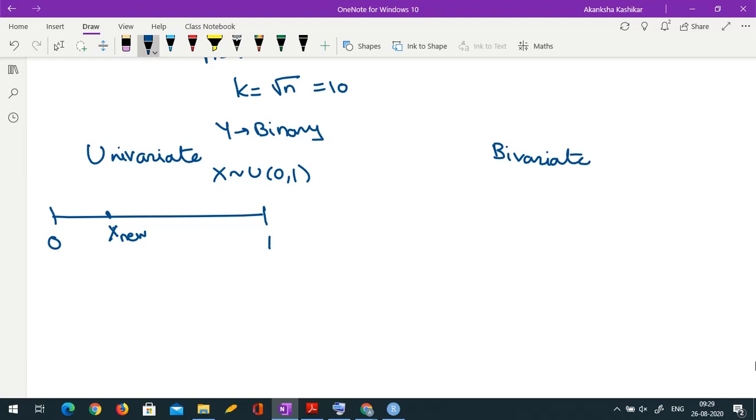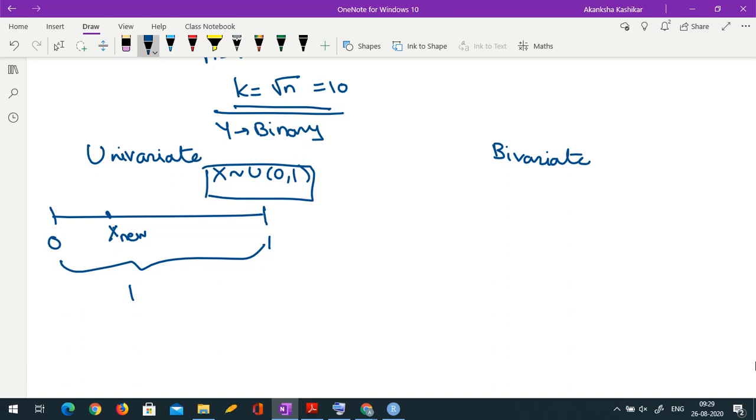Now to predict things I need 10 neighbors, right? So how much distance do I need to travel in both directions to get 10 neighbors? The total distance is 1 unit and we are assuming uniform distribution. So I need an interval of length 1 by 10 to get roughly 10 neighbors. 1 by 10 means the distance on either side is going to be 1 by 20.